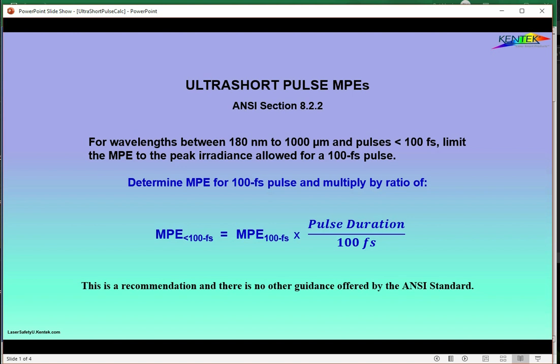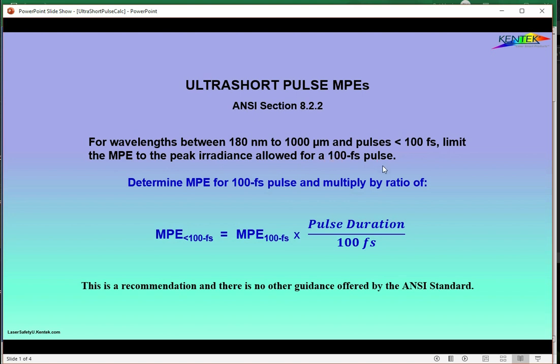And the recommendation in the table is when we're dealing with wavelengths between 180 nanometers to 1,000 microns, pulses less than 100 femtoseconds, we want to limit the MPE to the picoradians allowed for a 100 femtosecond pulse.